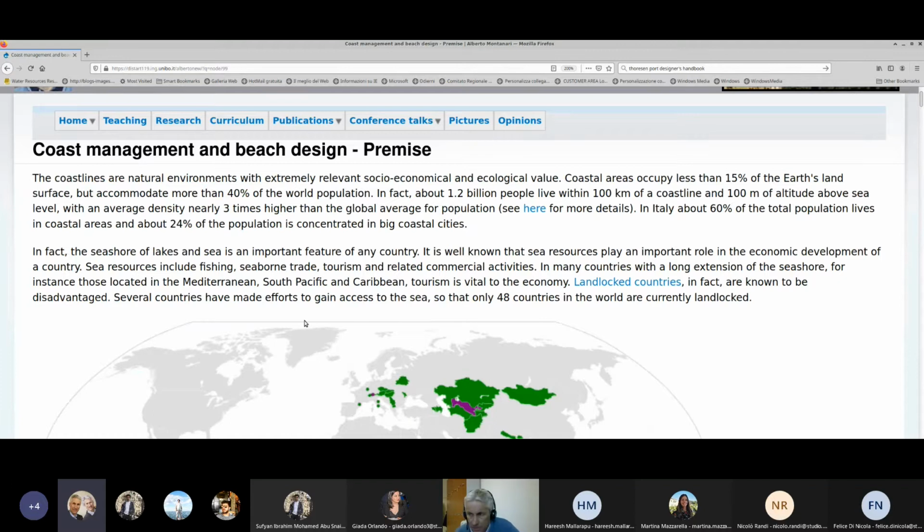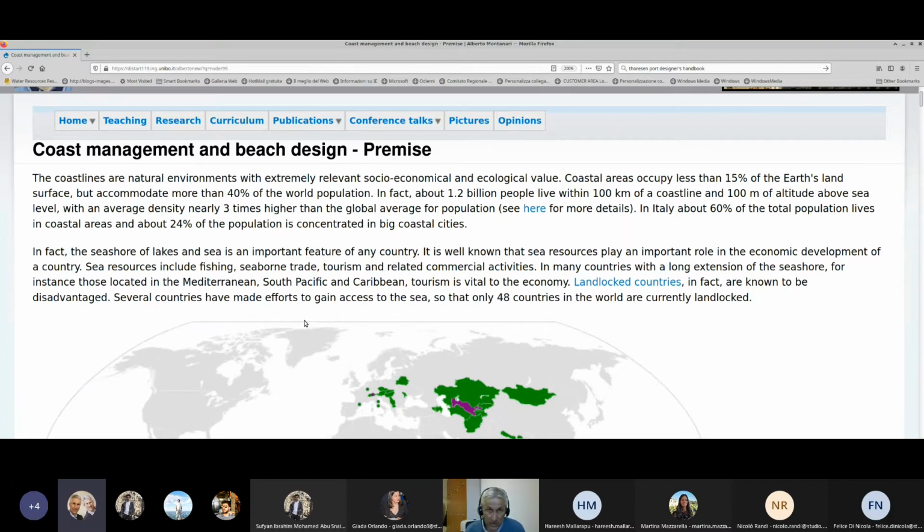Coastlines, the coasts, have a relevant socio-economical and ecological value. The socio-economical value is clear if you look at some essential statistics.